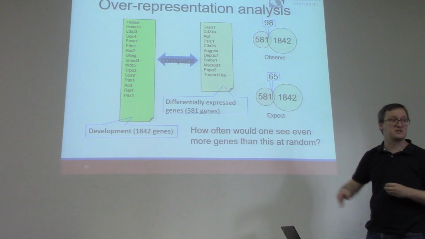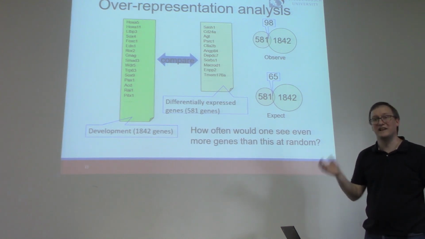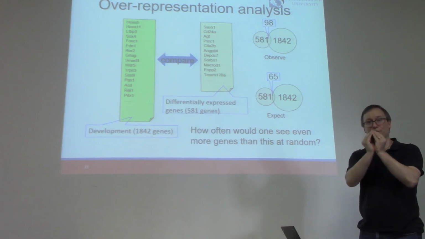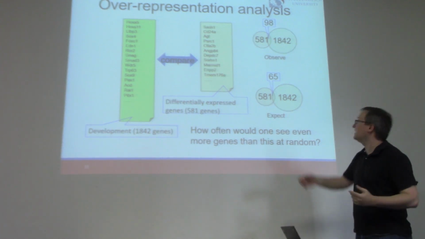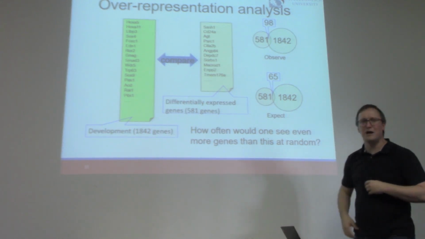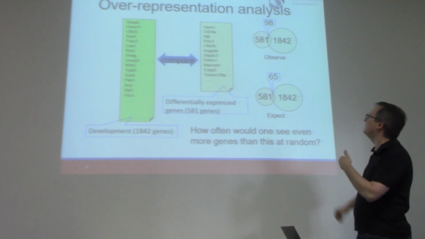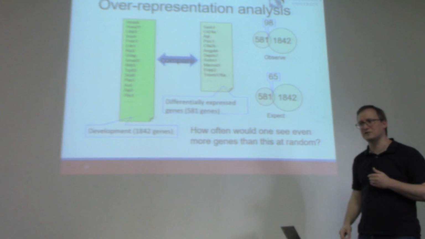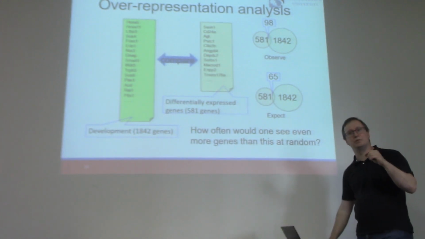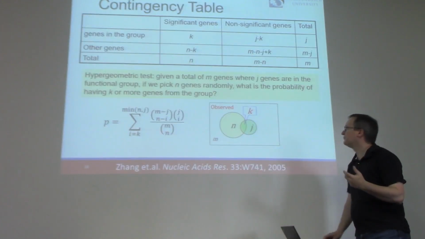The best possible result here is 581, right? That every last one of our differential genes fall in a particular pathway. That's brilliant. But in this case, we've got something more moderate. 98 genes overlapped between development and our list of differential genes. We need to have some way to put a probability on that.